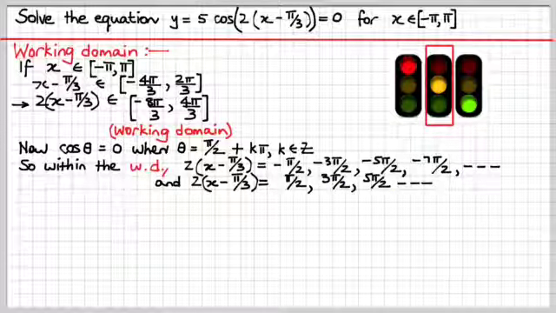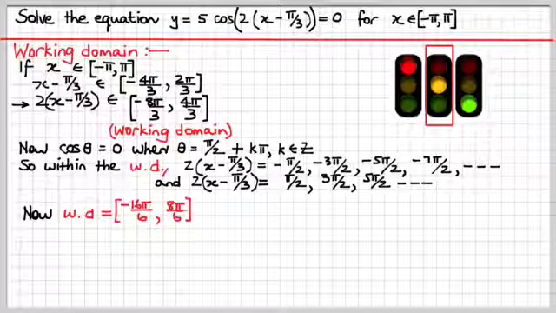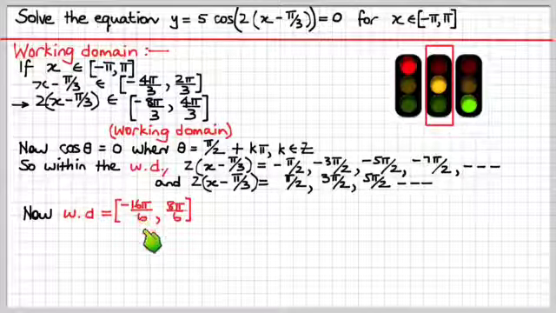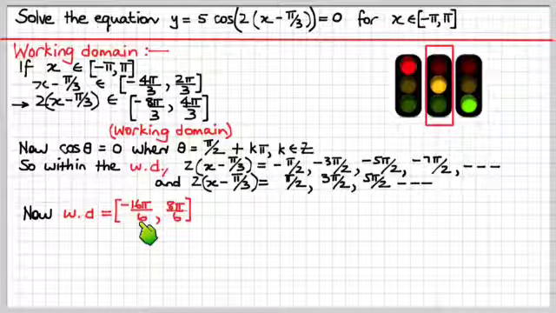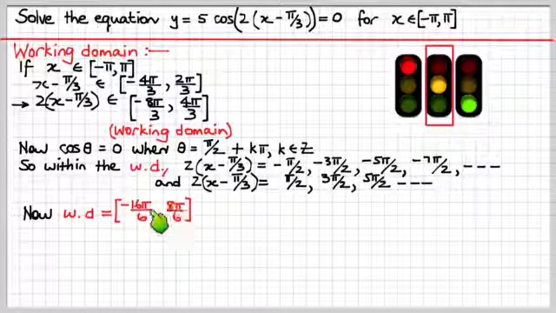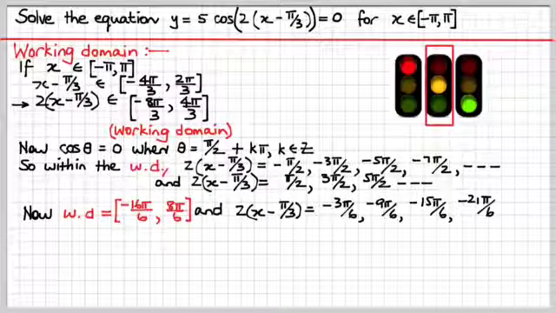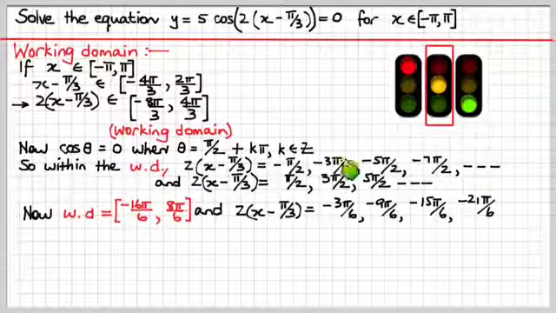Now let's just get our bearings here and work out what on earth we're doing, guys. As I foreshadowed, I'm putting the working domain with a denominator of 6 now, so we can talk apples with apples in accordance with what we're getting over here. So, −16π/6 to 8π/6. Okay, that's our working domain now. Our solutions were, what I'm doing here is multiplying each of these, top and bottom, by 3, so I can make the denominator 6.